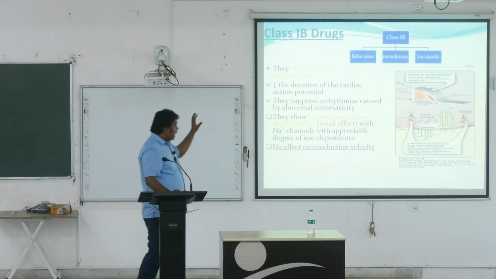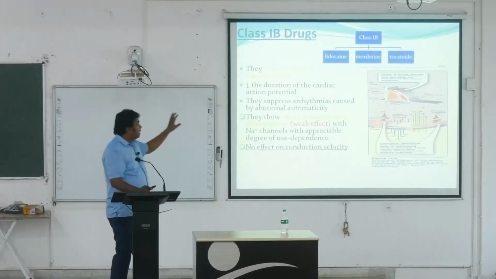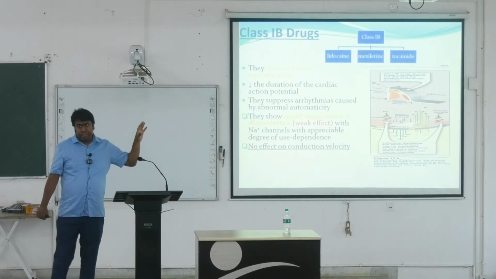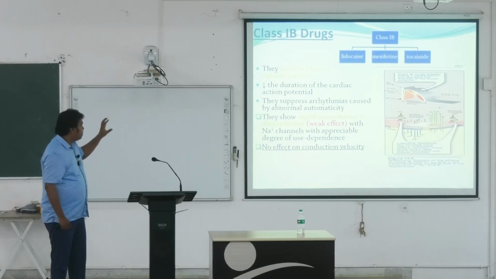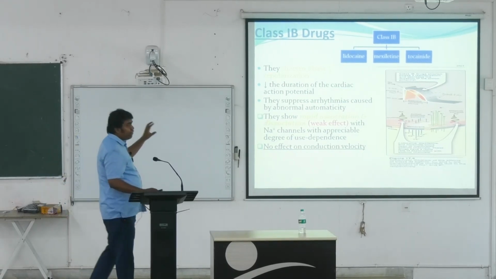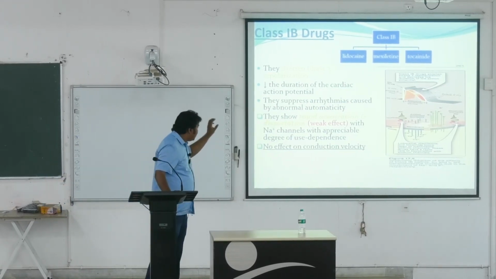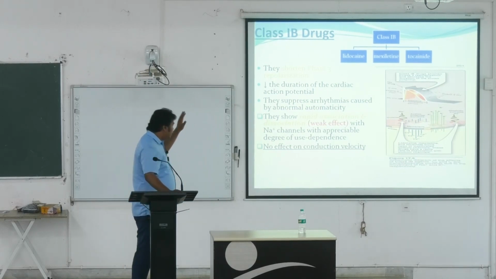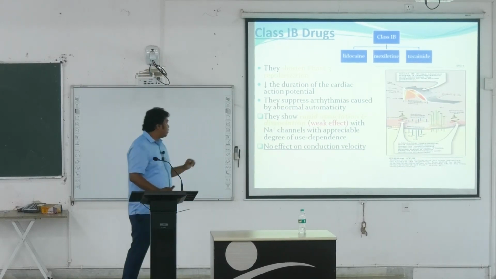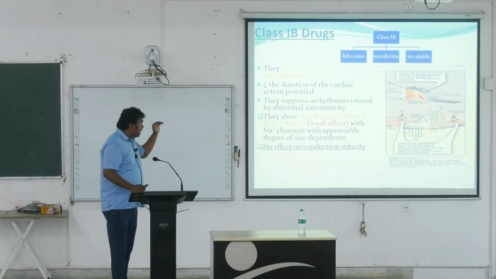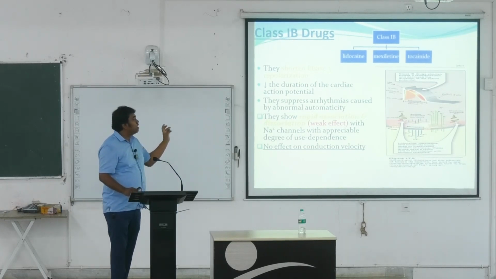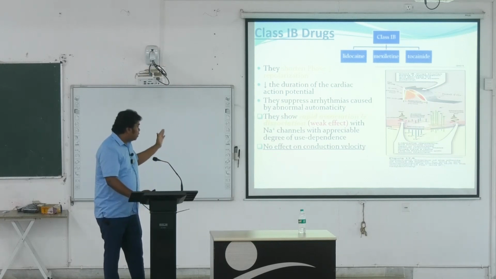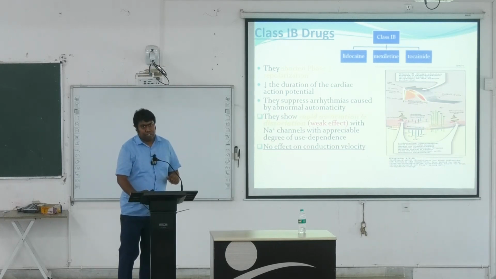Class 1B is lignocaine. Its congeners like mexiletine and tocainide are also class 1B. Their effect is in phase 3 repolarization. They reduce the cardiac action potential with rapid association and dissociation, with a weak effect and no effect on conduction velocity.